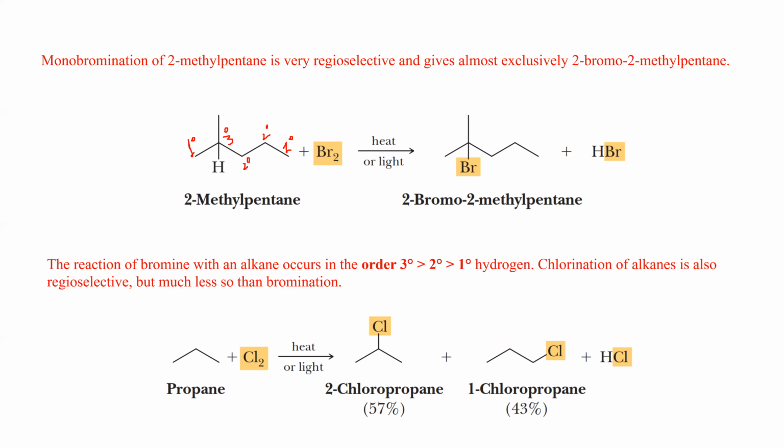So now we have a structure with primary, secondary, and tertiary hydrogens. Bromine is highly regioselective, so whenever in an alkane we have the tertiary carbon and tertiary hydrogens, bromine has an exclusive preference for the tertiary one.